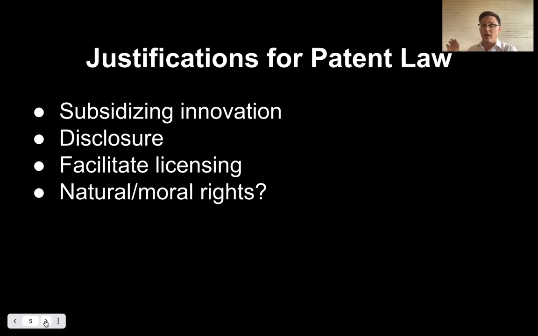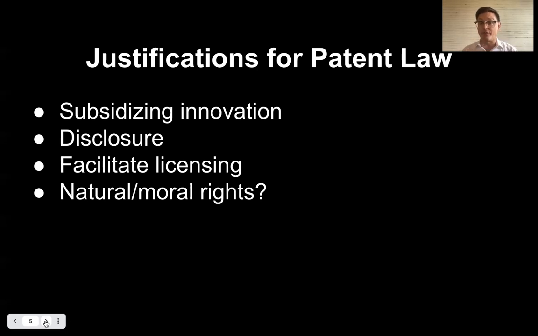Right, we'll see underinvestment in innovation if the investors can't recover what they've invested. Therefore, the idea is we create patent protection in order to enable marginal innovators to internalize some or all of the positive externalities associated with the innovation that they generate.